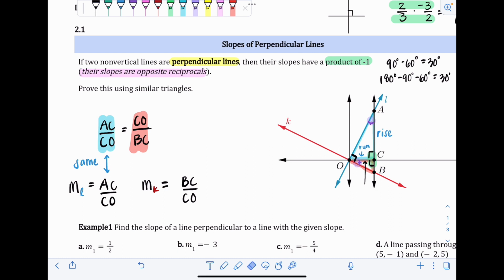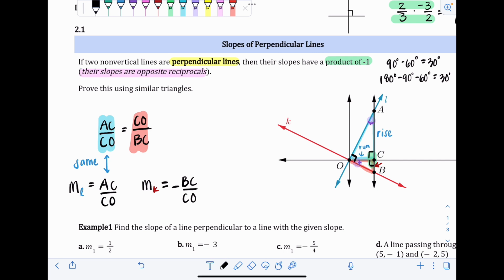And then the one thing that we have to consider before we get to the end of this problem is that slope is directional. So you have to include negatives if something is decreasing, and slope is decreasing when it's going down and to the right. So if we look at the blue line, it's going up and to the right because the rise is going upward, but the rise on the red line is going downward. So it would be a negative slope.